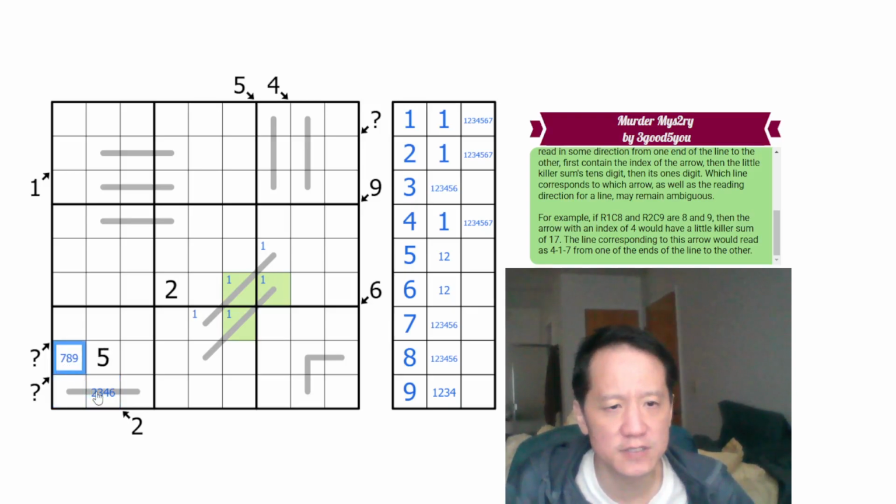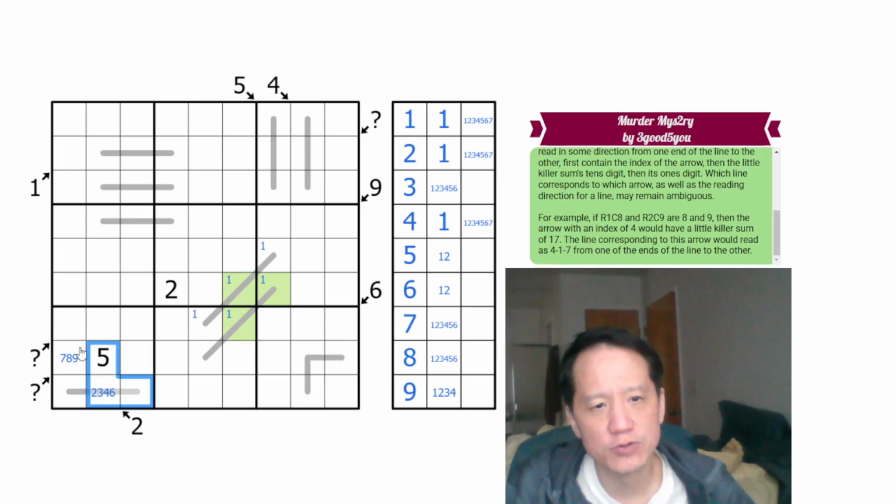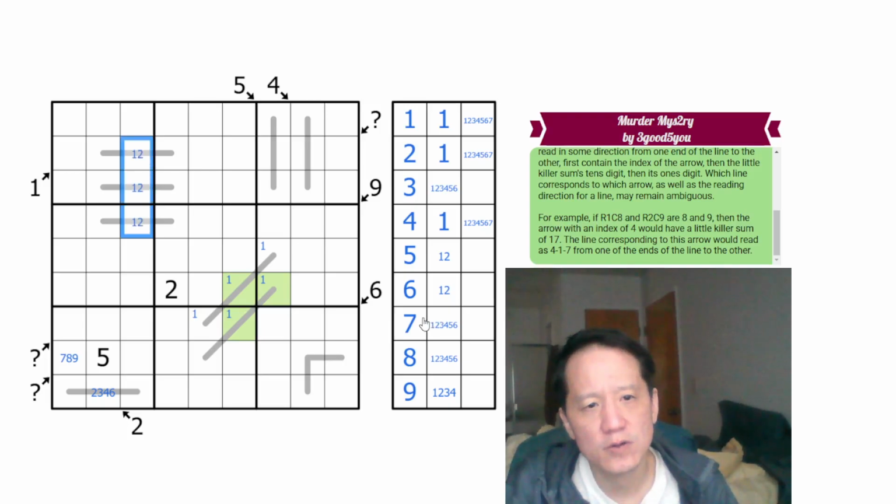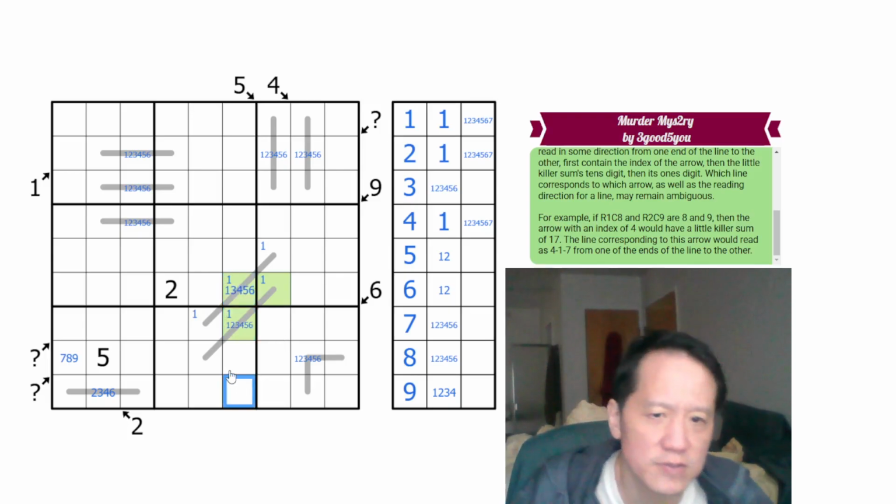And if it's 6 and 4, that would be 10, but 0 is not a legitimate Sudoku digit. So all of these actually have to be 1 through 6, and this can't be 2, obviously.